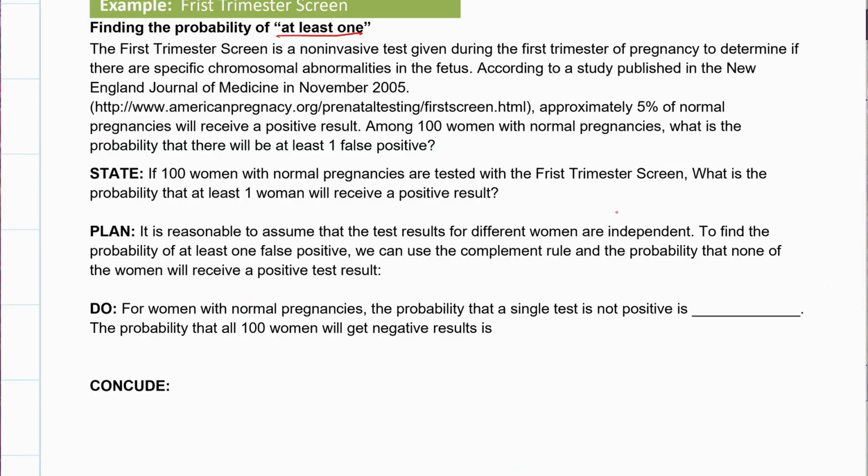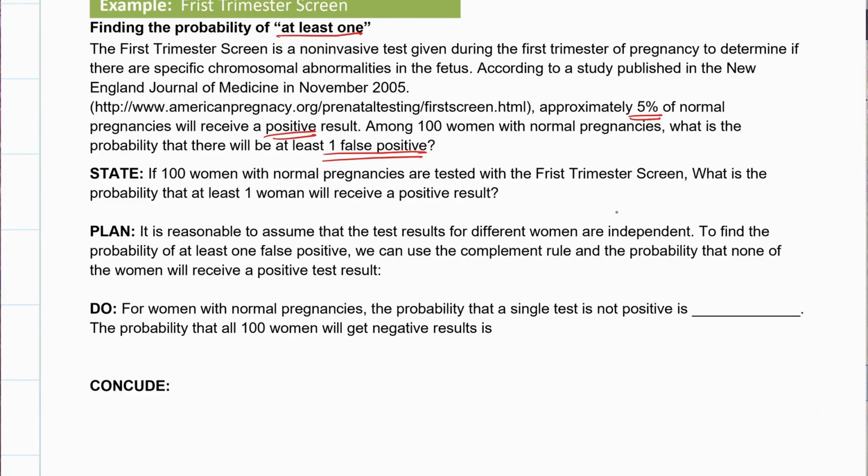According to a study published in the New York Journal of Medicine in November 2005, approximately 5% of normal pregnancies will receive a positive test.